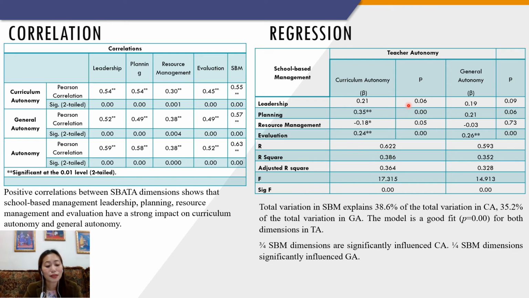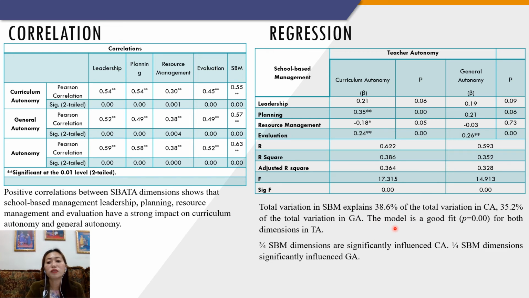The next table is the result for regression analysis. It shows that the total variation in school-based management explains 38.6% of the total variation in curriculum autonomy and 35.2% of the total variation in general autonomy.